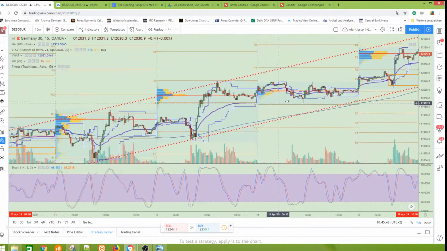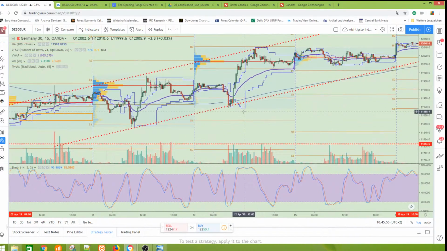Then if we watch here again, we are at the trend line. We are outside the value area. We don't have a clear hammer here. It's rather an inverted hammer here. The wick is above.